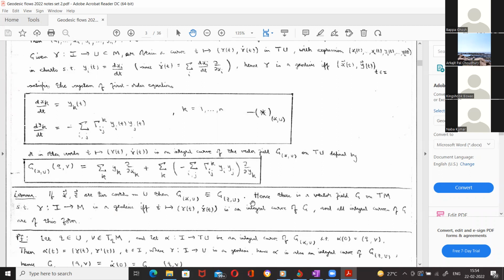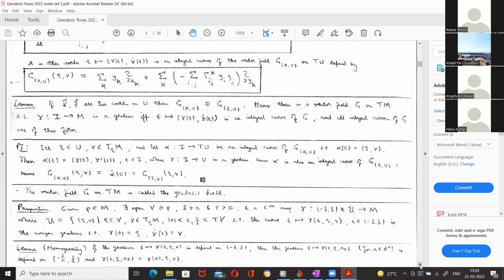And therefore we get, by patching together, that there is a vector field G on TM such that a curve gamma in M is a geodesic if and only if the lifted curve t goes to (gamma(t), gamma'(t)) is an integral curve of the vector field G on TM. And all integral curves of G are of this form, (gamma(t), gamma'(t)), where gamma is a geodesic.